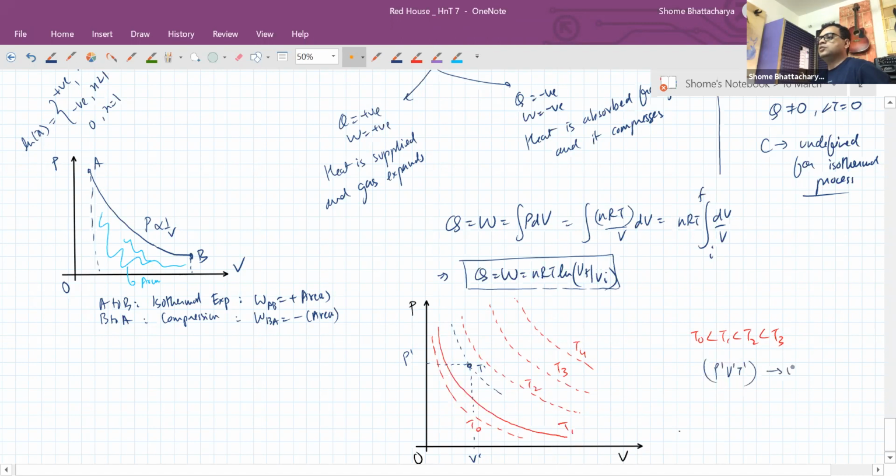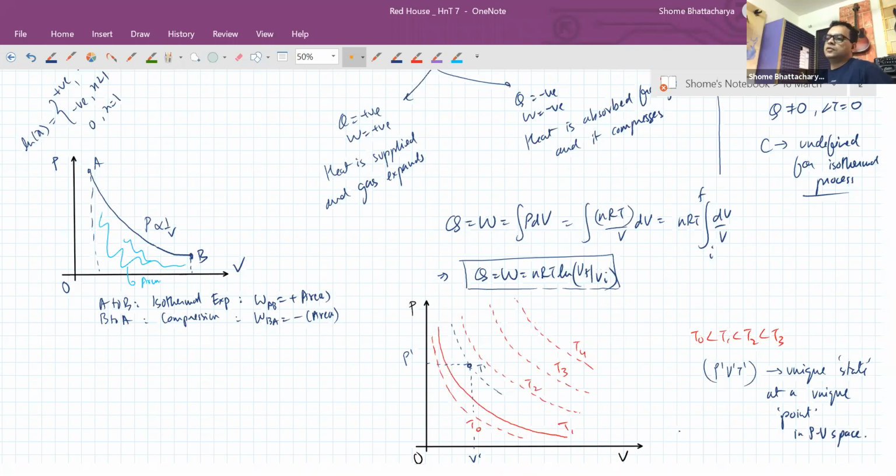This is the unique state of a gas at a unique point in the PV space. Every point lies on a unique combination of the intersection of isotherm, isobar, and isochore. Two points might have the same pressure, might have the same volume, but all three coordinates will not be the same for two different points.